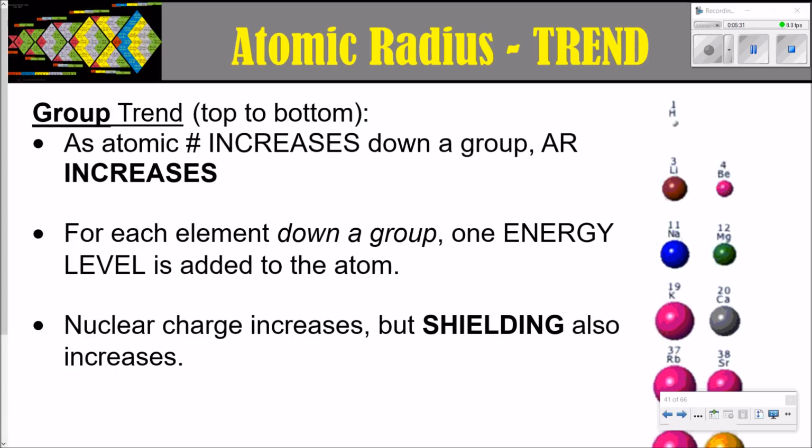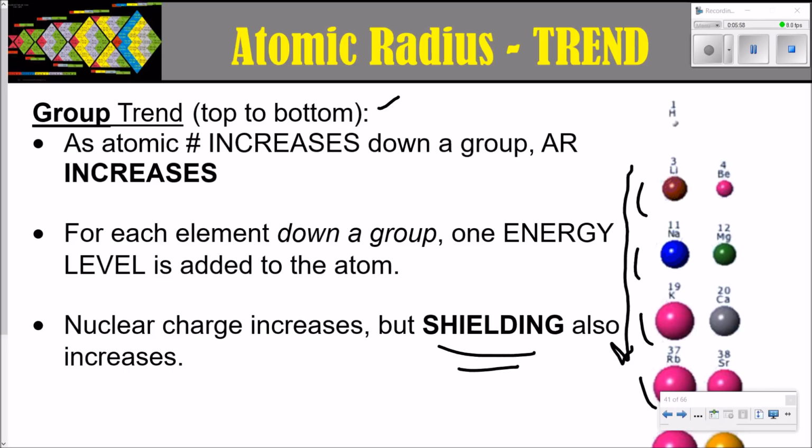If you're looking at atomic radius as a group trend, so you're looking within a group from top to bottom, atomic number increases as you go down a group. So atomic radius is going to increase. Your nuclear charge is going to increase, that's true, but shielding is the most important effect when you move down a group, because as you go down the group, you're adding an energy level.